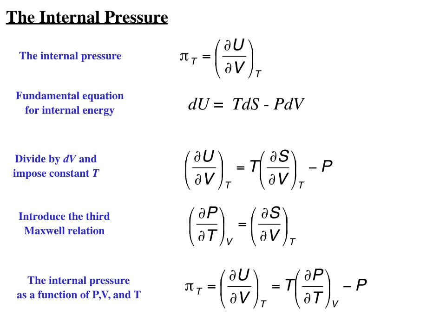So in the third line down, I'm going to substitute the fourth line into there, and what I learn is that the internal pressure, pi T, is equal to partial U partial V at fixed T, and that is equal to T times partial P partial T at fixed V minus P. Now another thing you should note is that this has units of pressure.